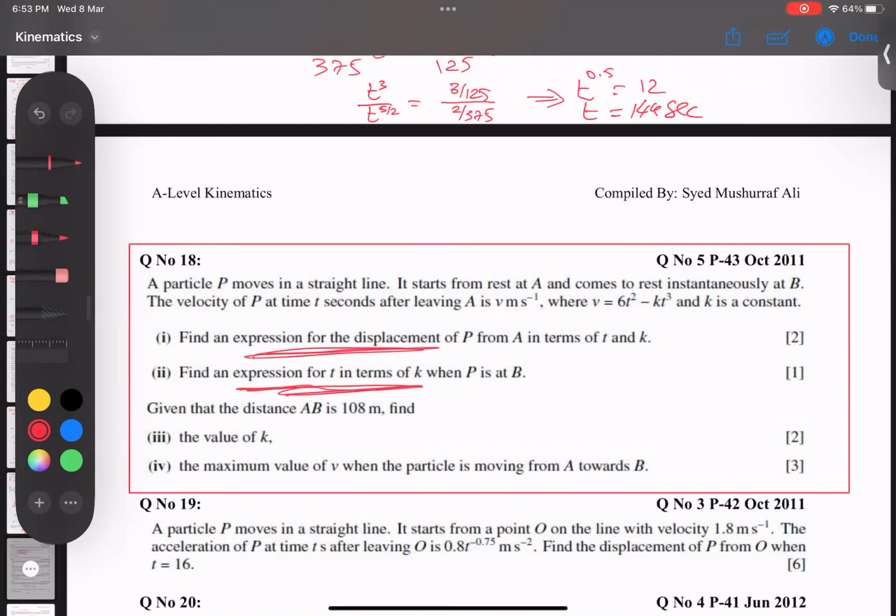Then distance is given, so you do integration. For maximum velocity, all of you know, put acceleration 0. So first of all, you differentiate velocity, you will get acceleration, put 0 and then get the time. And that time you will use to solve the question. So please, I hope this point is very clear. Try yourself, then inshallah, I will do it.